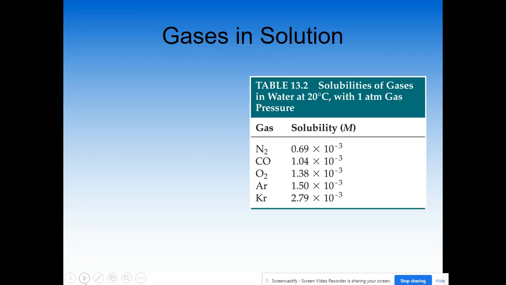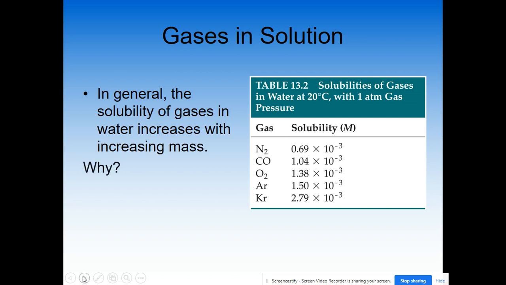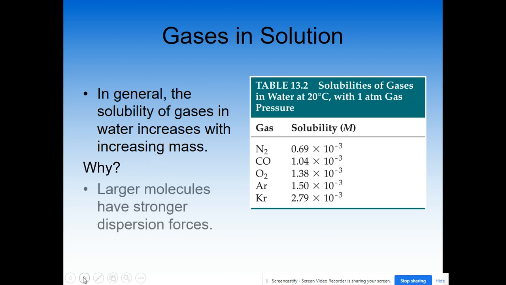Okay, things that affect gases in solution are pressure and the mass of the gases. So gases that have higher masses actually tend to be more soluble in water because if you remember the London dispersion force, there's greater London dispersion forces with these gases.